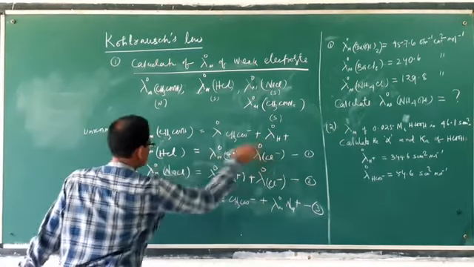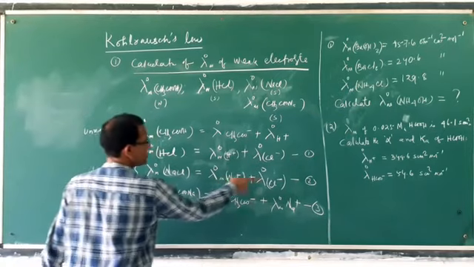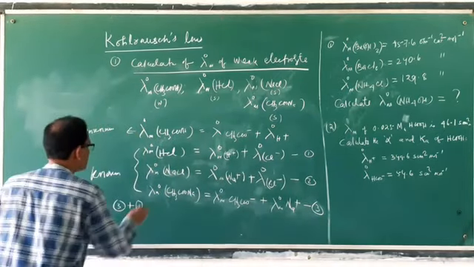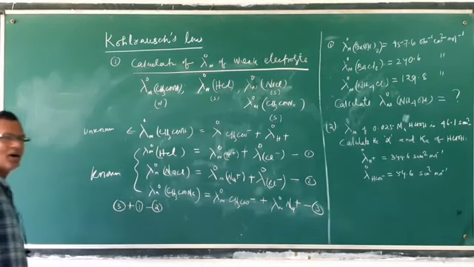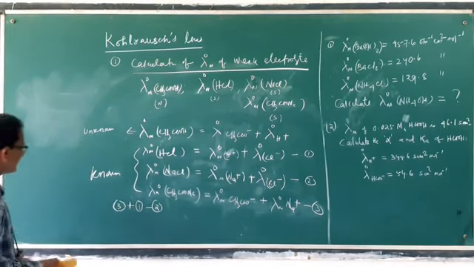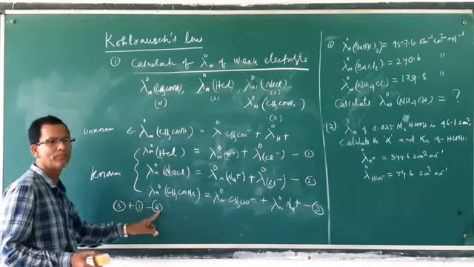H plus is present in equation 1, and Na plus Cl minus is not required, so minus equation 2. So this is the calculation: you add 3 plus 1, then minus 2.